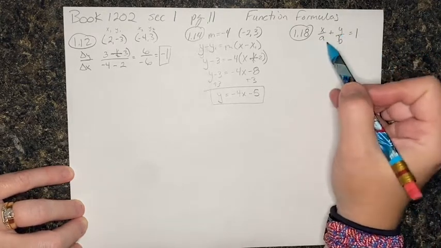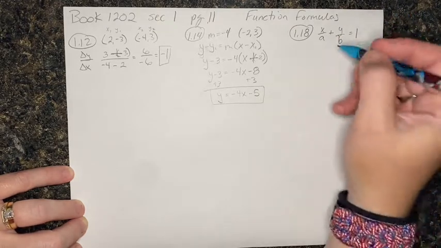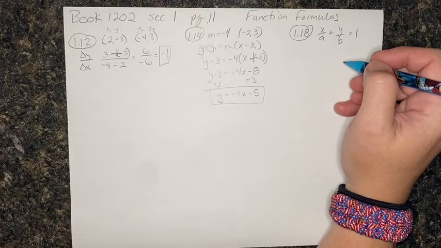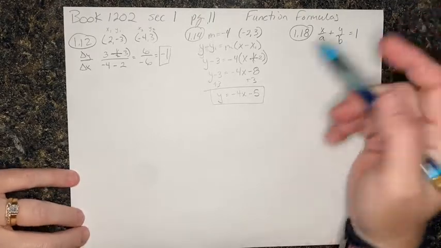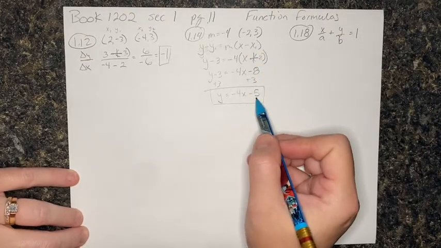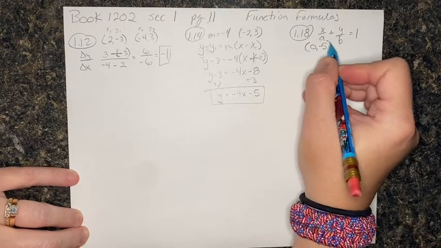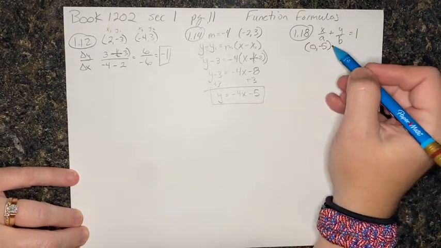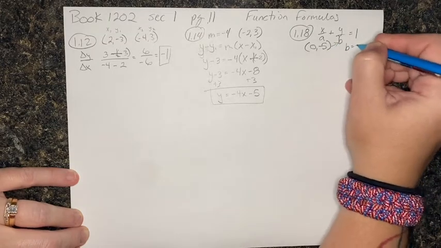So if x is 0, what is y? Well, if x is 0 here, we have to solve and figure out what our y would be in this equation. If x is 0, our y is going to be negative 5, right? 0 comma negative 5. So that is what our b is. Our b is negative 5.